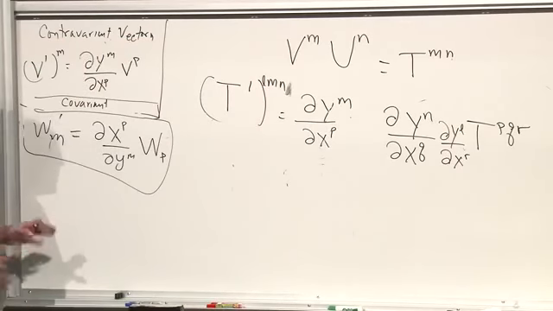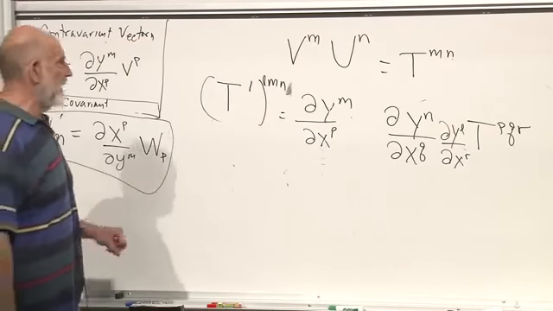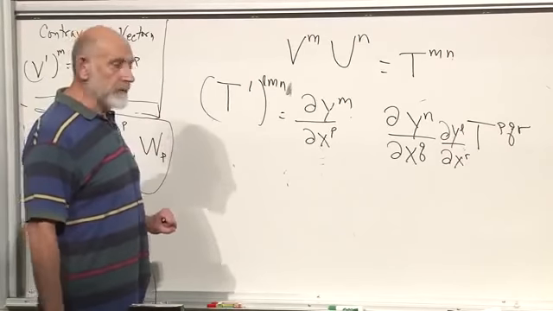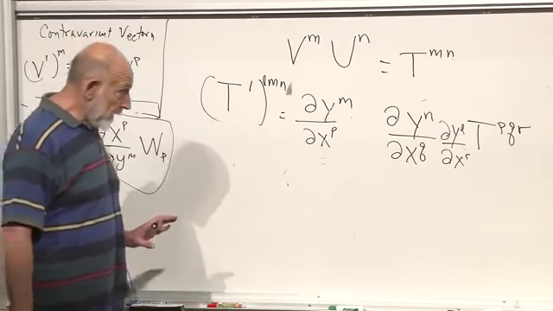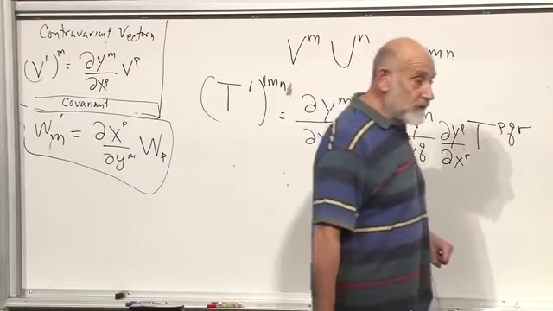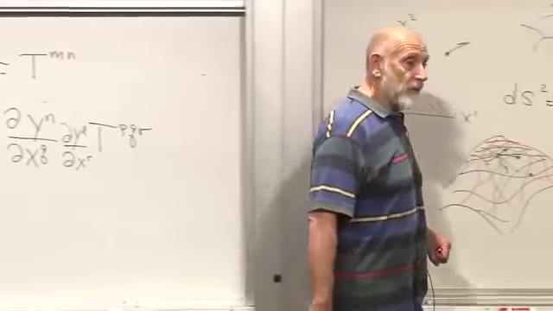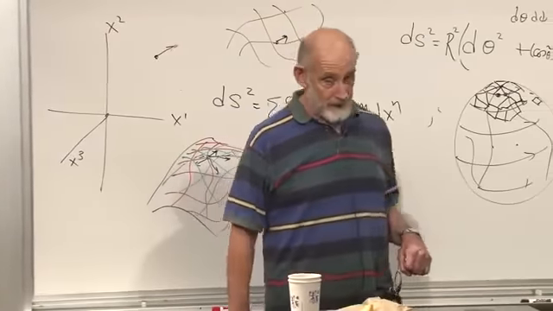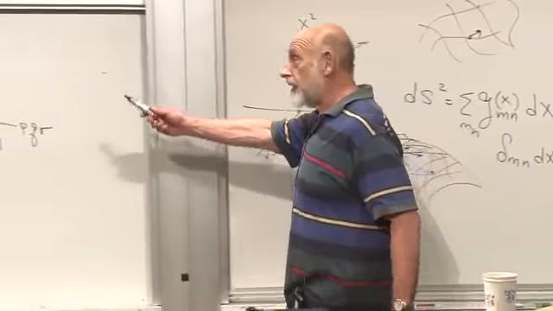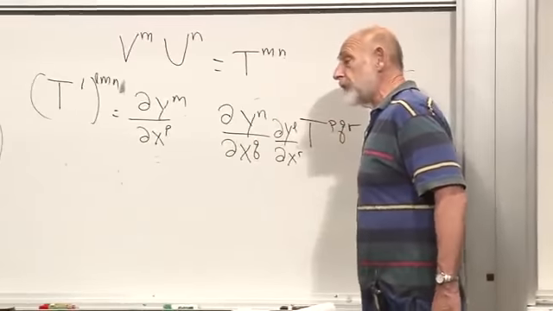This would be the transformation property of a rank 3 contravariant tensor. What kind of things are there which are these kind of tensors? Many, many things, but in particular just products of vectors, products of components of vectors.